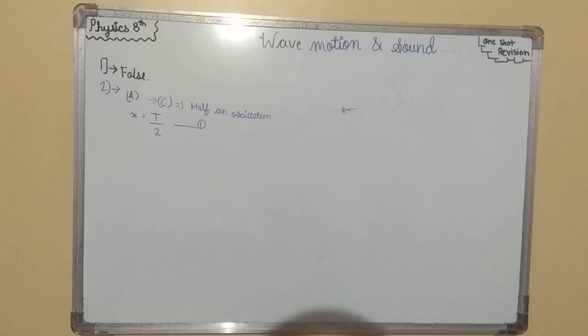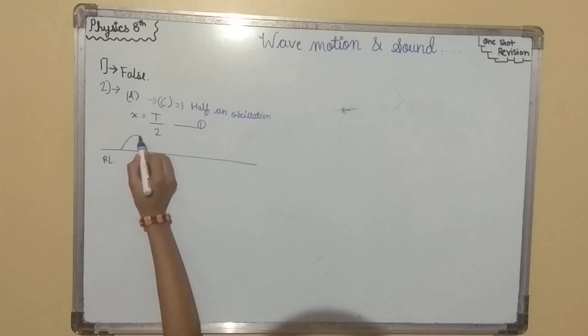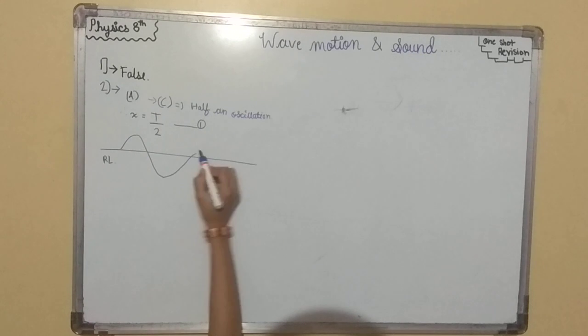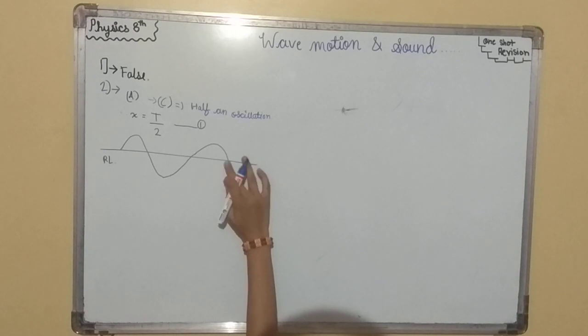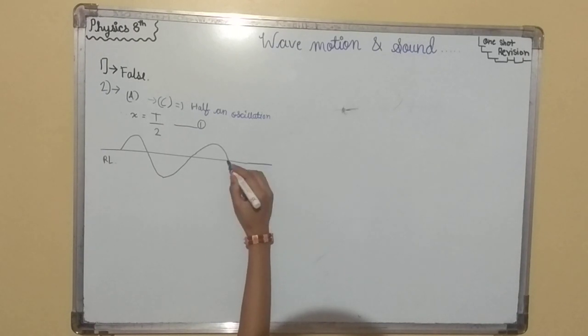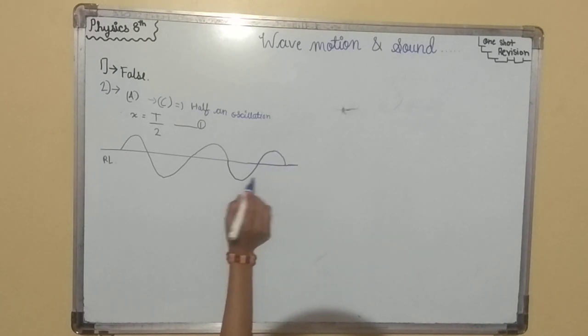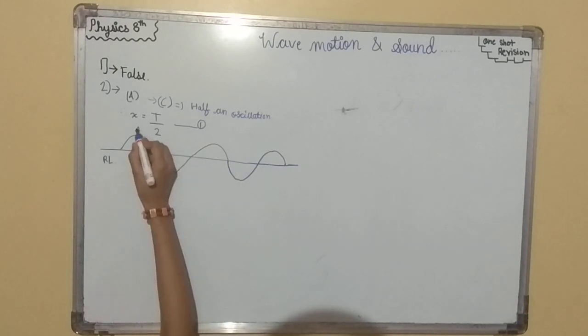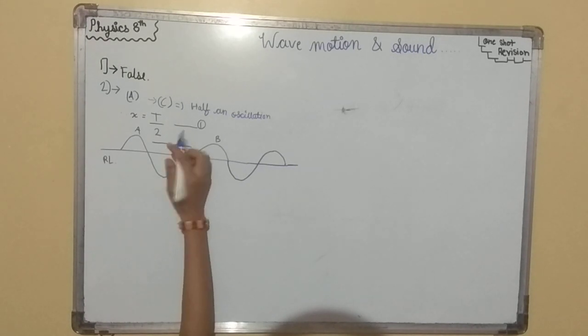Now given is that this is the reference line. Like this. This is point A, this is B, and this is this distance.